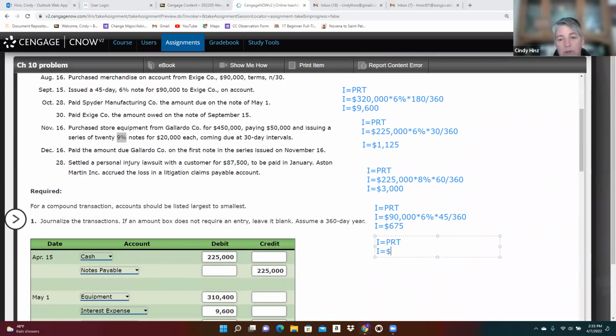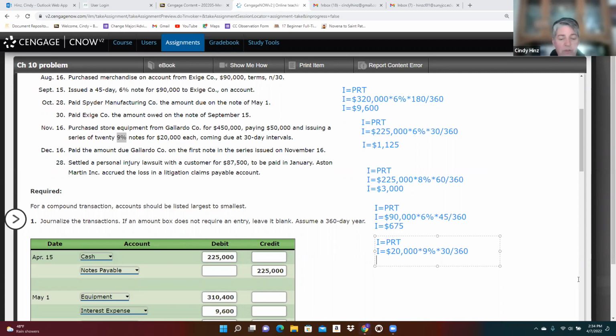And this is a $20,000 note at 9% interest. The second note, when it matures the next month, will be 60 days, and the third one will be 90 days. So each successive payment is actually going to be for a higher amount, right?